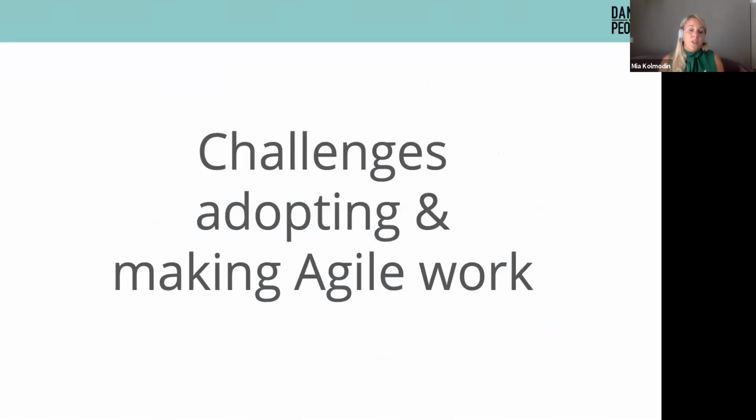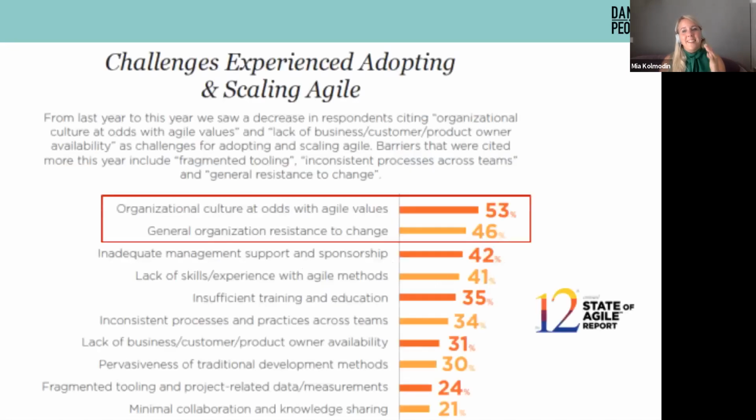So what are the challenges adopting and making agile work in organizations? Of course, you've probably seen some of them yourself. And this is also from one of the State of Agile reports. And here you can see that organizational culture at odds with Agile values is at the top.